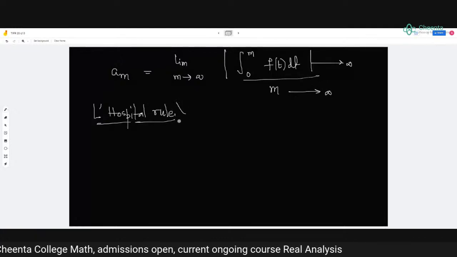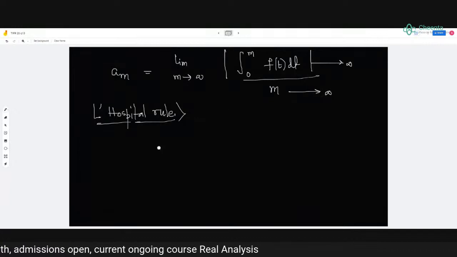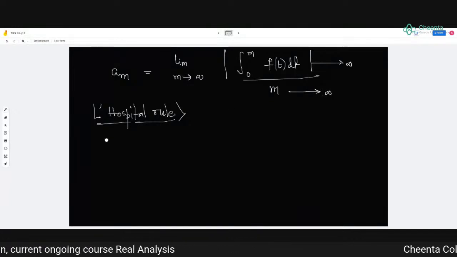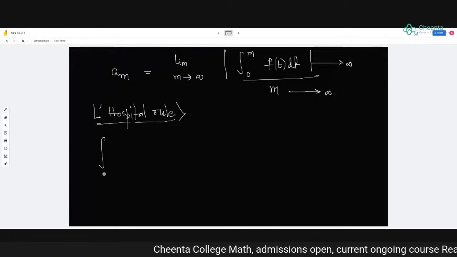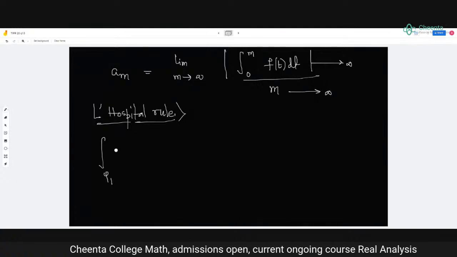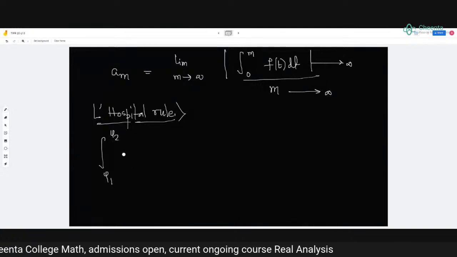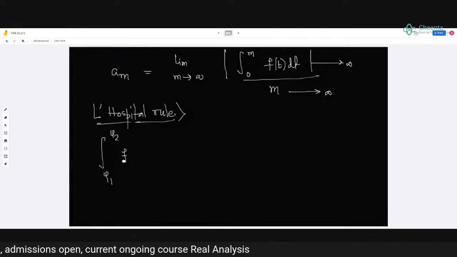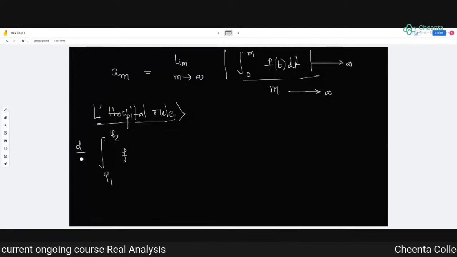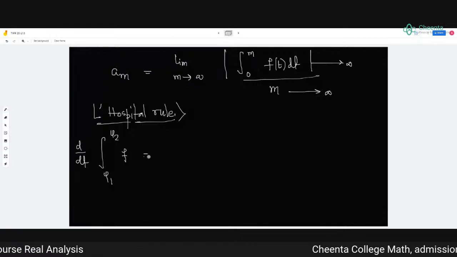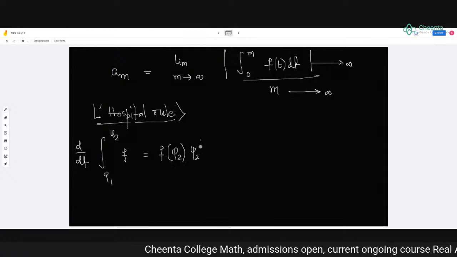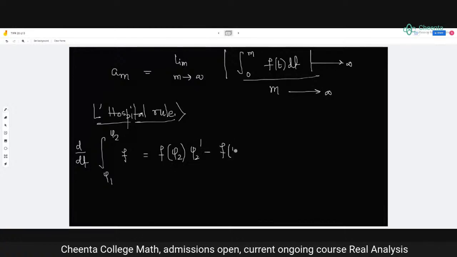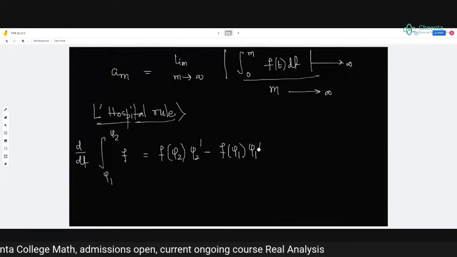So by using L'Hospital's rule, what do I have? This is exactly the theorem that we have used in one of the earlier problems as well. It's this: if you have phi 1, phi 2, f, then if you take d/dt, it will be f of phi 2 times phi 2 prime minus f of phi 1 times phi 1 prime.